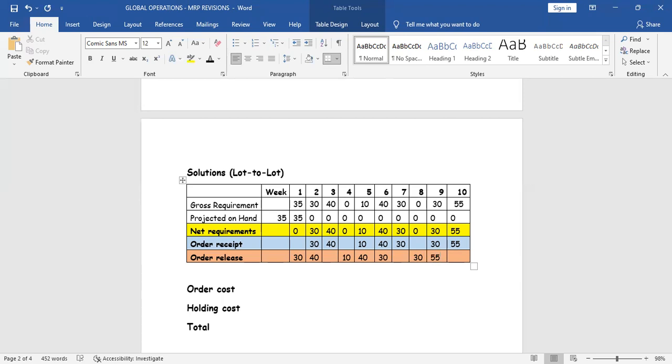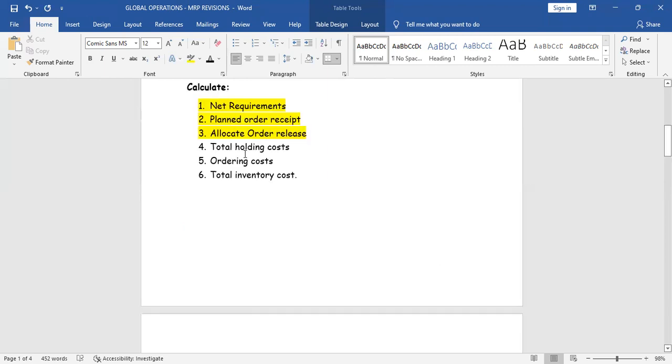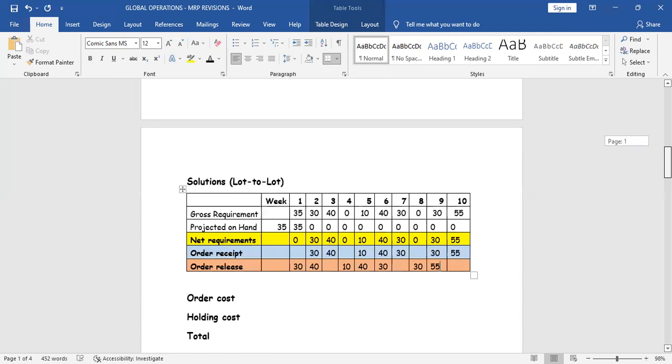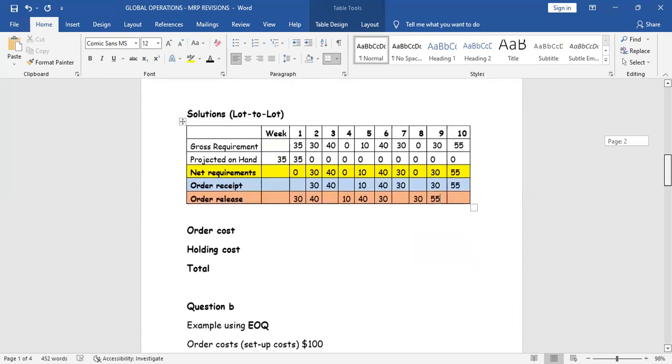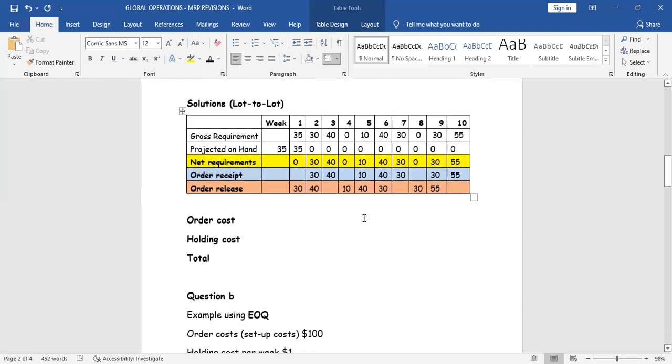So now we have dealt with those first 3 parts, which is net requirement, planned order receipt, and planned order release. Okay, and then we come to order cost.